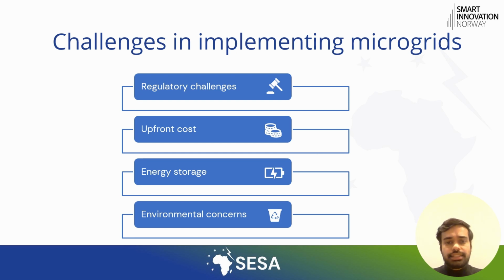Even there are some environmental concerns for disposal of batteries and other components. So these are some of the challenges that need to be addressed to successfully implement microgrids in African countries. But despite these challenges, microgrids have the potential to provide energy to communities that may not have access to traditional power.